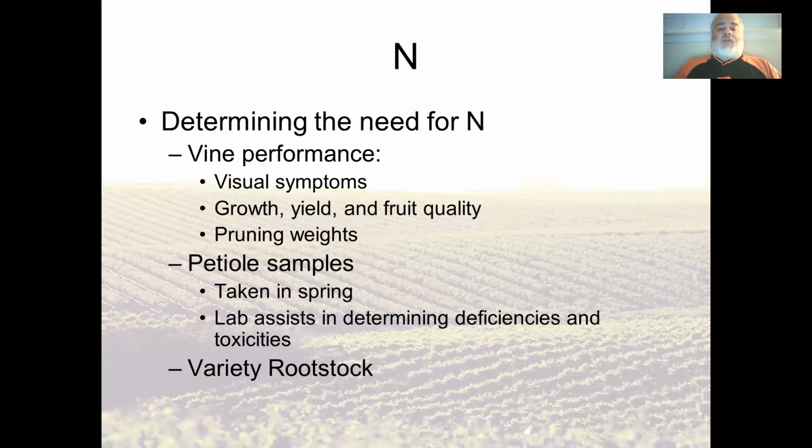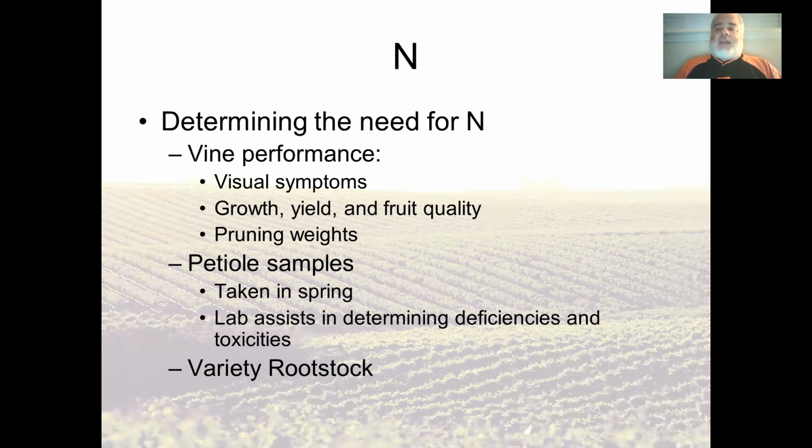Determining the need for nitrogen, well, certainly you want to look at visual symptoms. You want to walk your vineyards. You want to look at your vines and make a visual assessment. You're going to look at pruning weight. So every year you should know exactly how many pounds of pruning material you take out per acre for every one of your blocks.